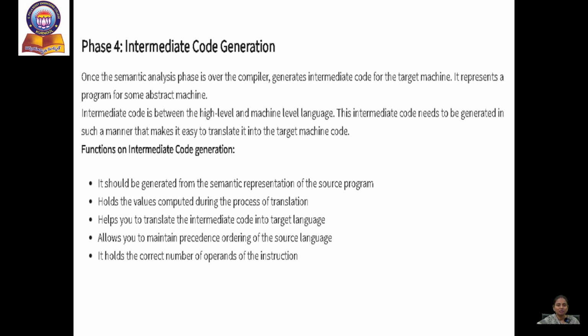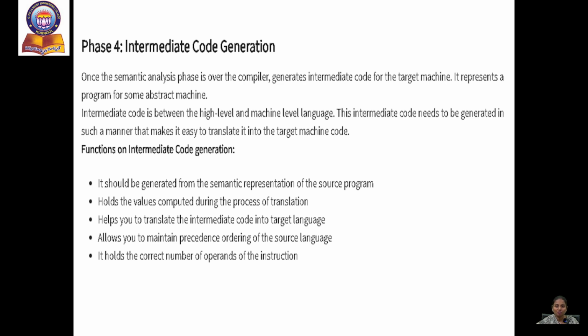So it represents the program for an abstract machine, and intermediate code is between the high level language and the machine level language. So this intermediate code needs to be generated in such a manner that it is easy to translate into the target machine code. So the intermediate code generation's responsibility is to convert the high level language into machine level language or machine readable code.